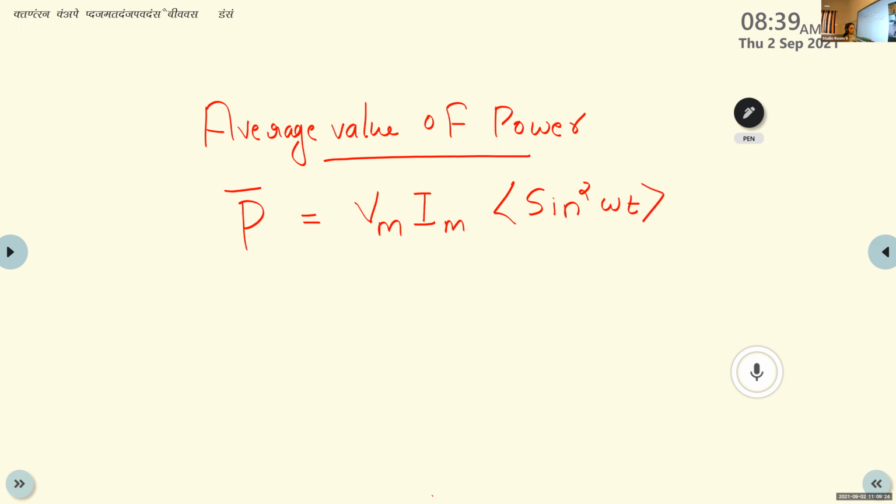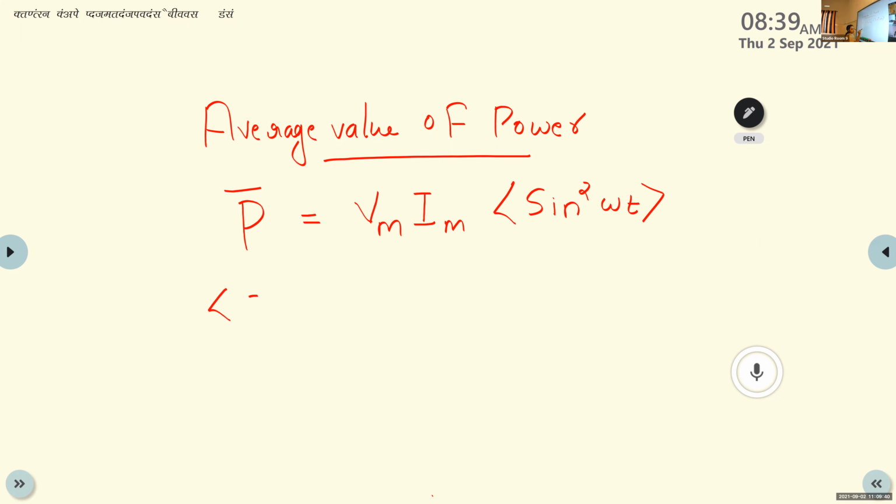This is what we were discussing in our last class. So the average value of the power developed in a resistor connected to an AC voltage source is given by P bar is equal to Vm Im into the average of sine square omega t.